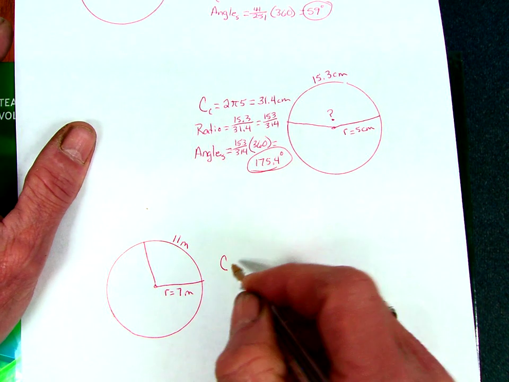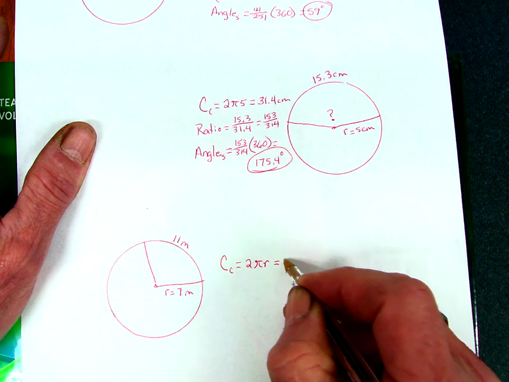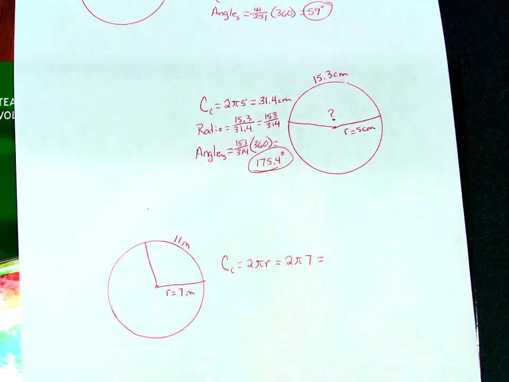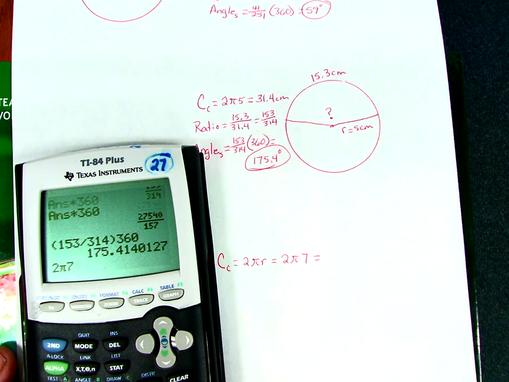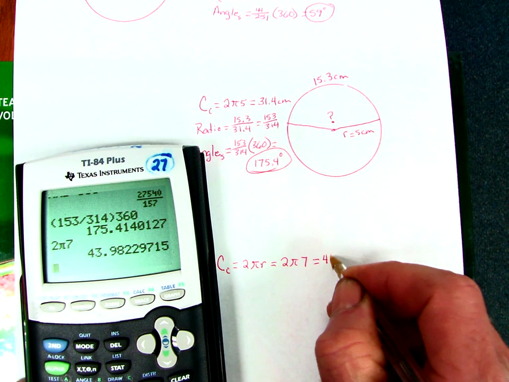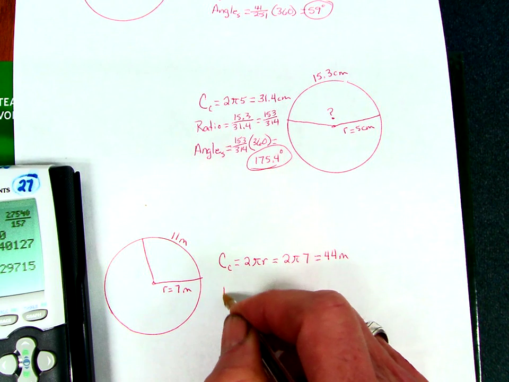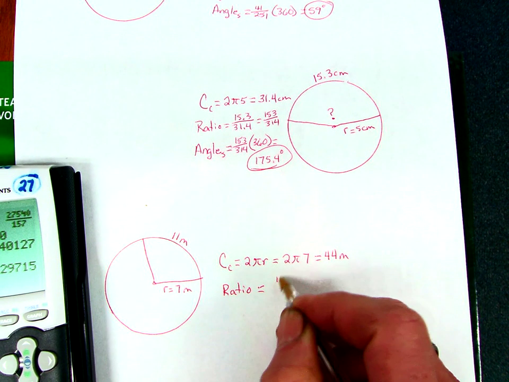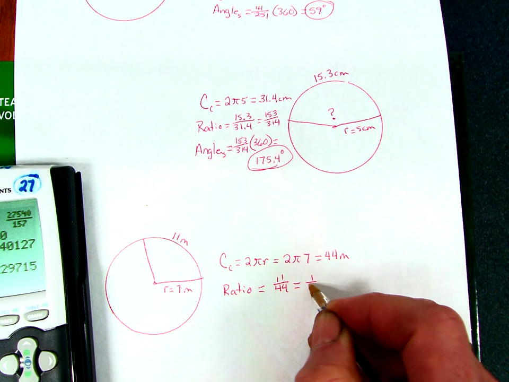So first we find the circumference of the circle. 2 pi r is going to be 2 times pi times 7, and that equals 43.98, so 44 meters. Our ratio equals 11 over 44 equals 1 over 4.